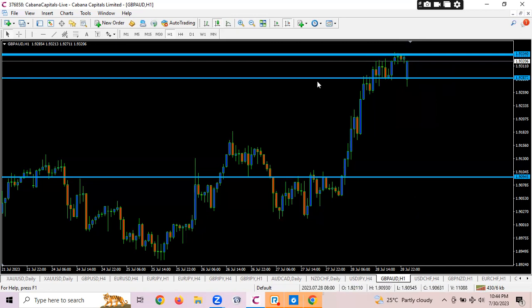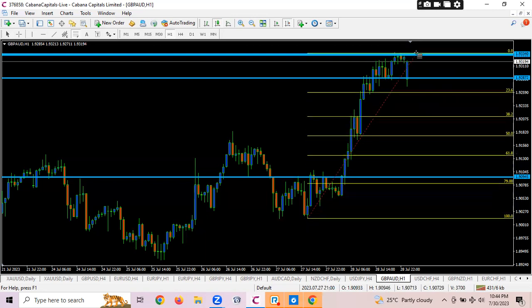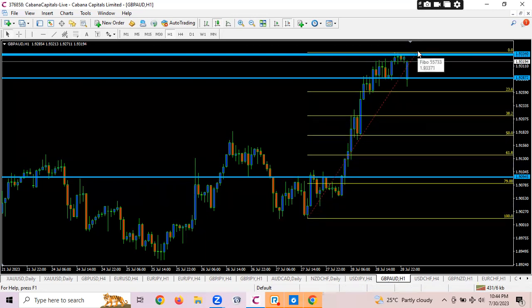That's clear. So what level should we expect price to retrace to? Just apply your Fibonacci. You could take it from this level or from this level, swing low to swing high. If you are selling below this support, there is a probability that price will pull back to this level. Why this level?